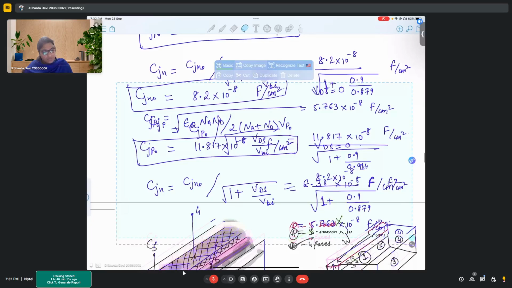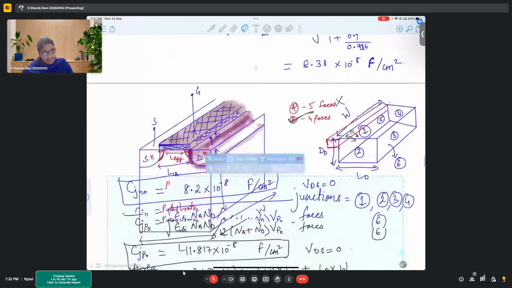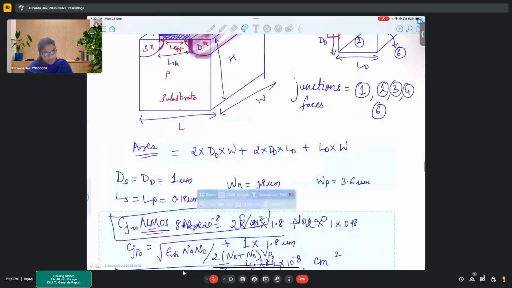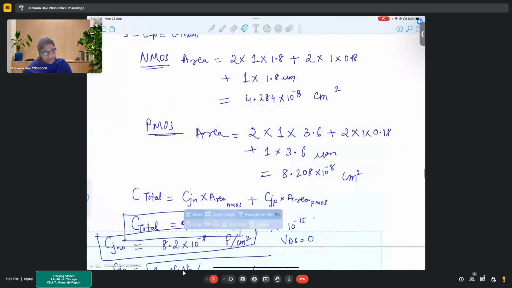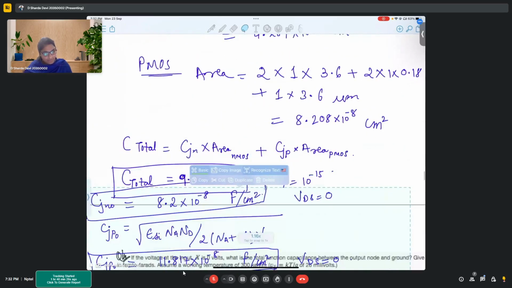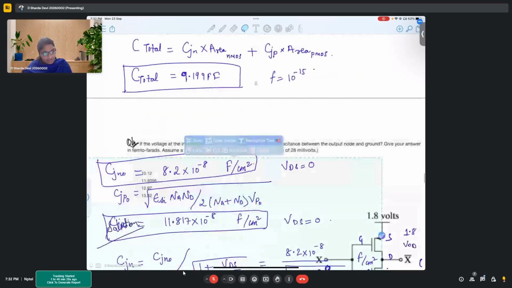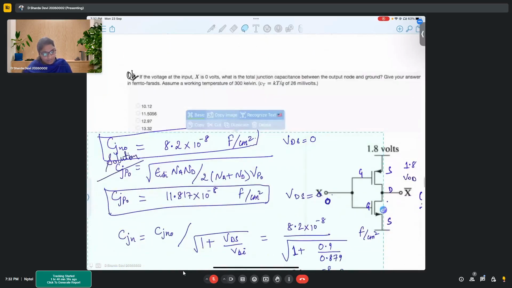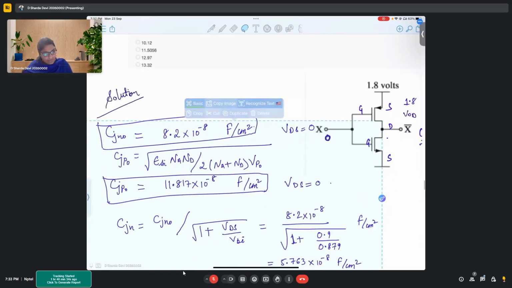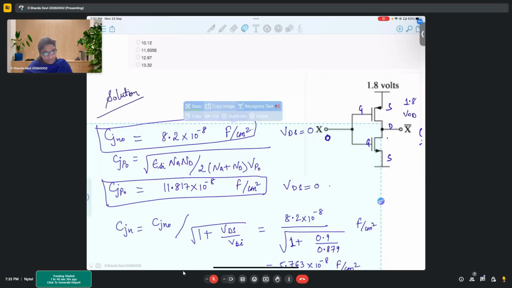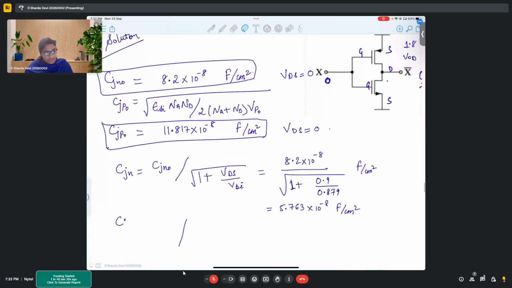So from the previous problem, everything remains same, only we will change the bias point and we'll get the answer. Areas will also remain same. So this will remain same. This will change.